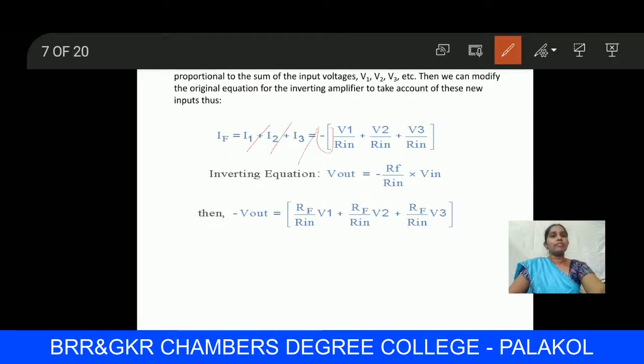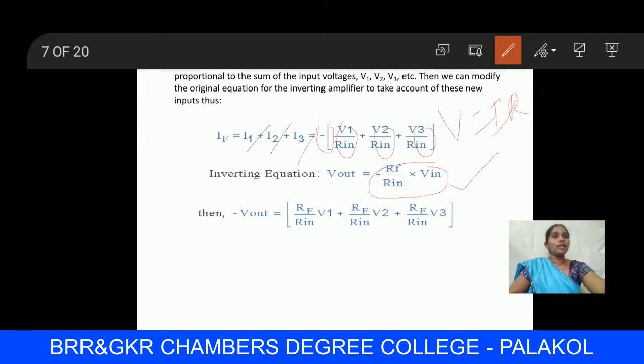Here, from Ohm's law, V is equal to IR, so I is equal to V by R, that is V1 by R1, V2 by R2 and V3 by R3. For the inverting amplifier, we already know this equation. In the last presentation, we discussed it. This is the inverting gain.